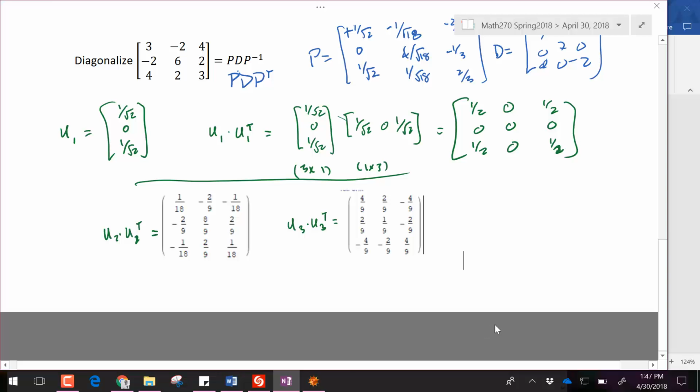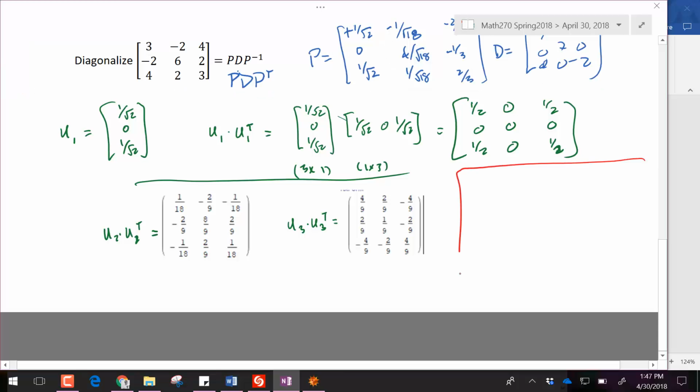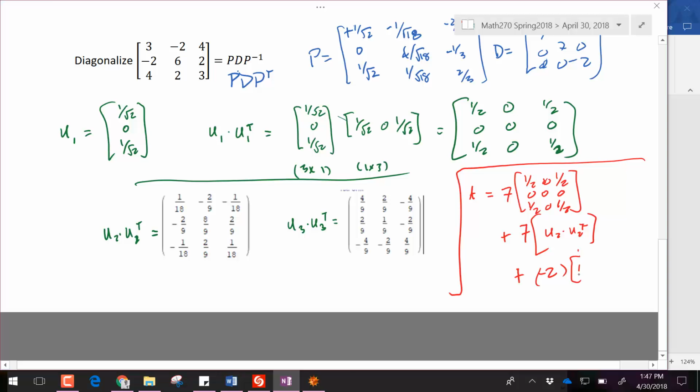And so what they're saying here is to complete this thought, this idea, the matrix A is equal to the eigenvalue 7 times this 1/2, 0, 1/2, 0, 0, 0, 1/2, 0, 1/2 matrix plus 7 times this other matrix, U2, U2 transpose, and plus the last eigenvalue times this last matrix over here, U3 dot U3 transpose.